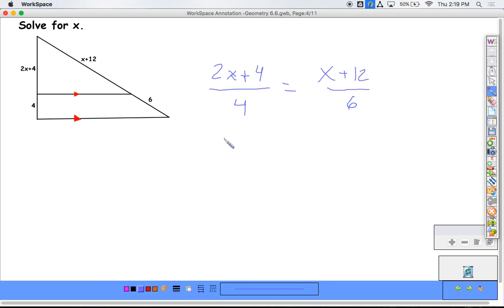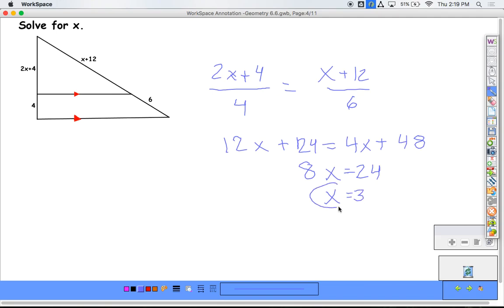So make sure we distribute, so 12x, it's going to equal 12x plus 24 equals 4x plus 48. So subtract the 24, subtract the 4x, we get 8x equals 24. And so x would be 3.